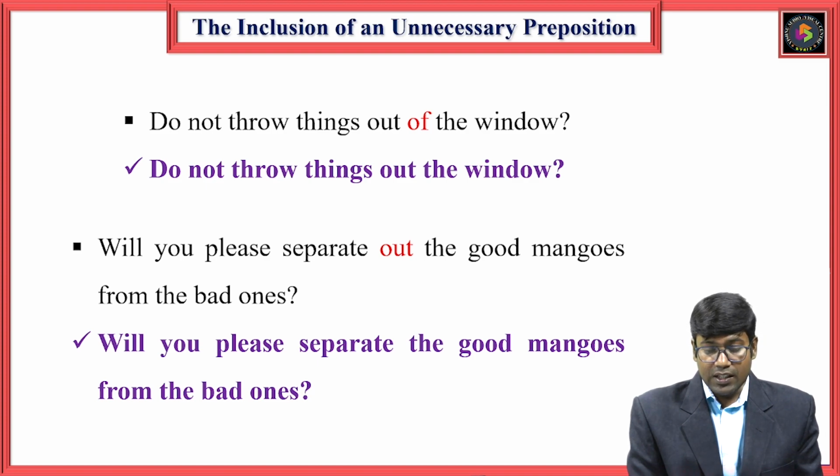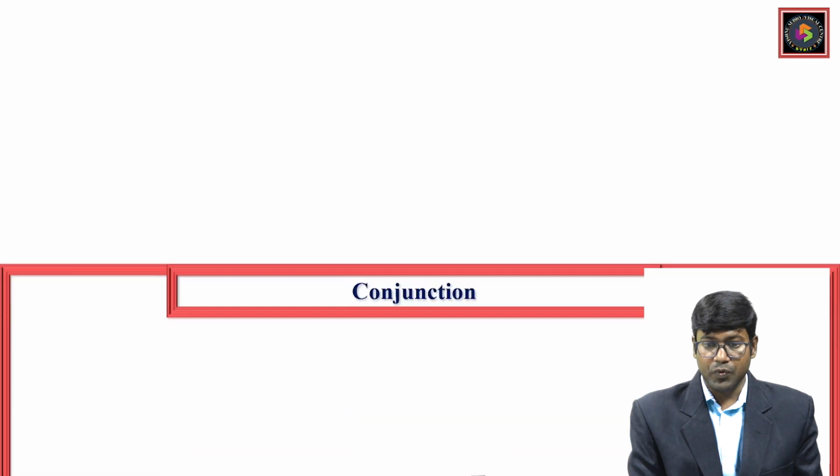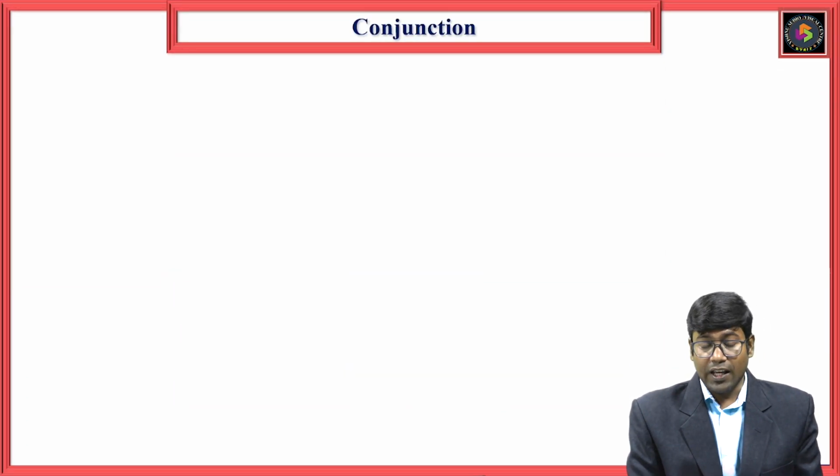Now in this sentence, this out in separate out is unnecessary. So it should be: will you please separate the good mangoes from the bad ones? I already gave all these examples of common mistakes that students actually make. Now we'll go to the next one, a very important part of speech, that is conjunction.